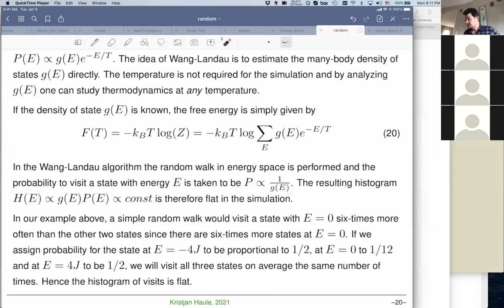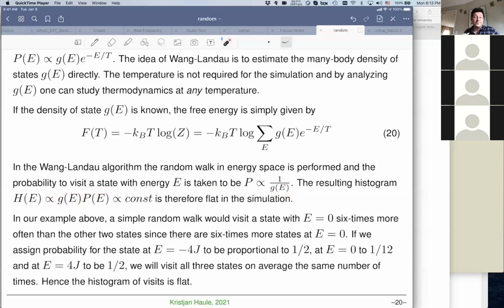So once more, this algorithm selects the probability to visit a certain energy as 1 over the density of states, but the degeneracy of each energy is g(E). Therefore, g(E) times P(E), which is 1 over g(E), has to be 1. But this is proportionality. So it means that the histogram has to be constant.